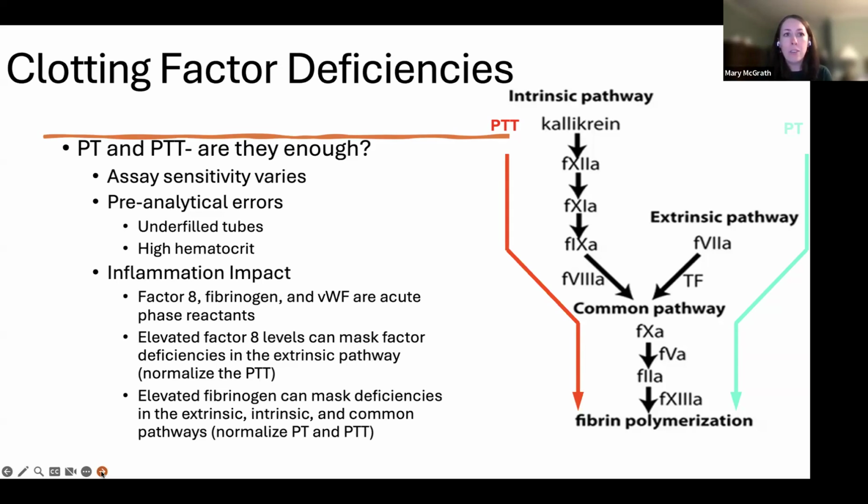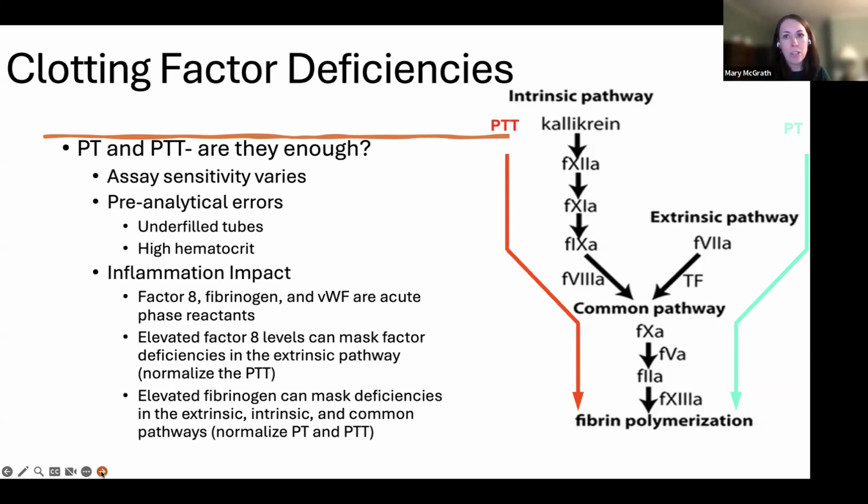And so if you have a patient with a really elevated factor 8 level, their PTT can be falsely shortened or maybe just normal, but could mask a factor 9 or factor 11 deficiency.